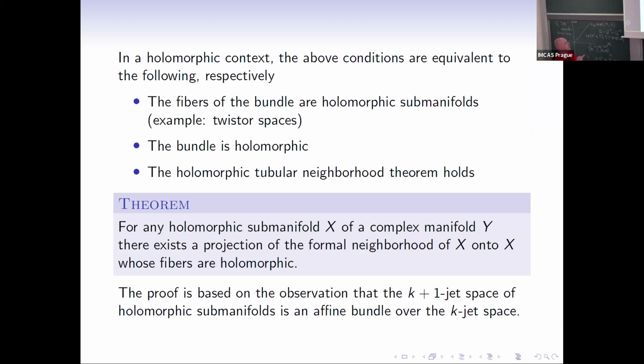So this corresponds to different cases of complex submanifolds. In the smooth case, the usual tubular neighborhood theorem is true, so we can always linearize the neighborhood. In general, for a complex manifold, it's not true. There were hard theorems by Grauert and others in the 60s, and they found the conditions when it's true and when it's not. But we can play with that.